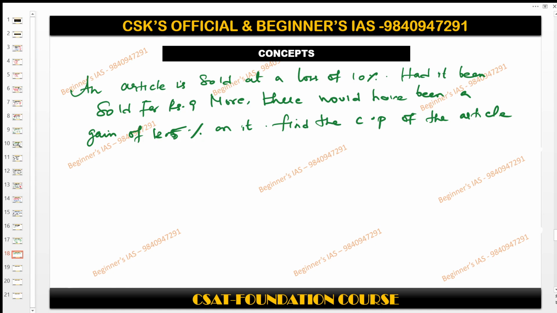How could you calculate this one? Loss means minus, so 90% of CP.